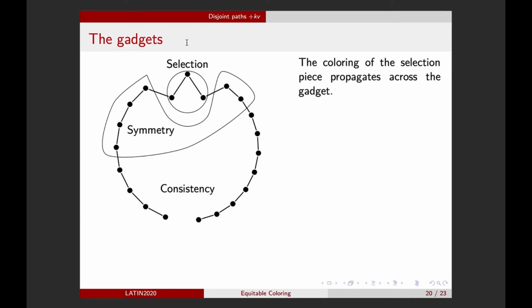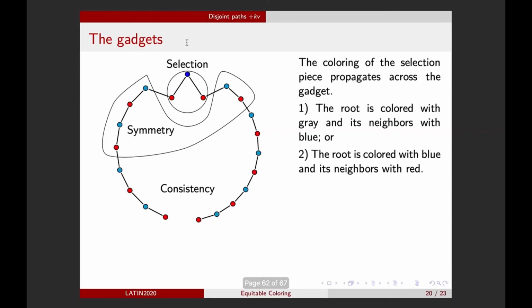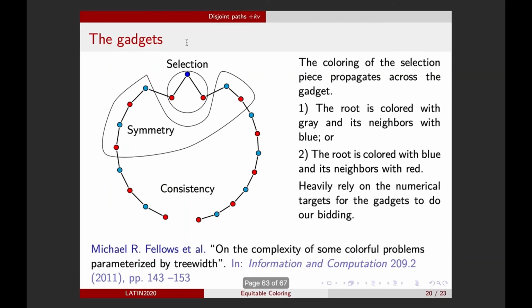It could be a gray-blue coloring that says, okay, I'm not going to pick the corresponding edge in the solution, or it could be a blue-red coloring which says, okay, I picked this edge in the solution. And then the propagation happens due to the numerical targets that we ensure are well formed, and because of a trick that was first shown by Fellows and friends in their proof that equitable coloring is W1 hard parameterized by treewidth.